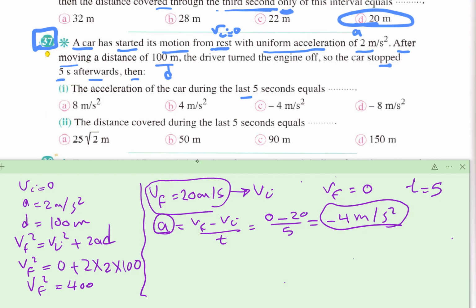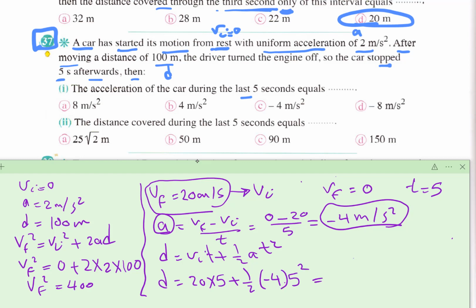What else? He needs the distance covered during the last 5 seconds. So D equals V initial T plus half A T square. D equals V initial 20 times 5 plus half the acceleration we calculated, negative 4, times 5 square. So 100 minus 2 times 25, 50, means 50 meters.